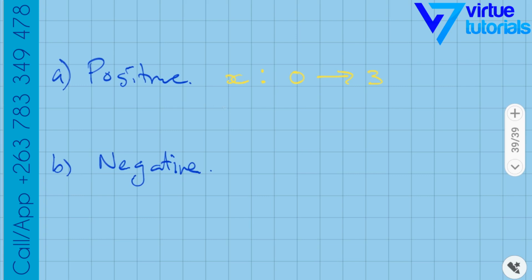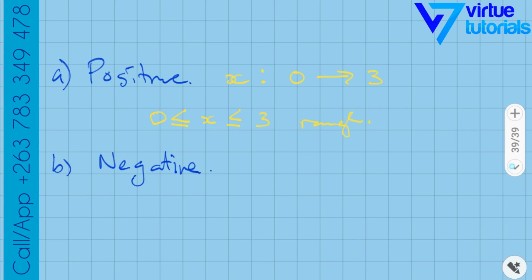Another way to write this is as an inequality. We'll say 0 less than or equal to x less than or equal to 3, right? So where x takes values between 0 and 3, this function is positive. So that's the range of values.